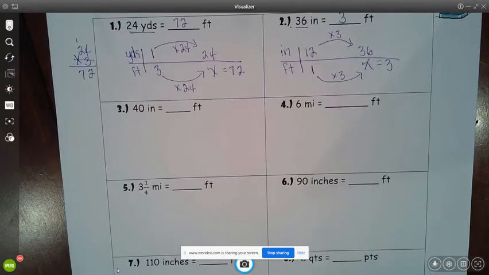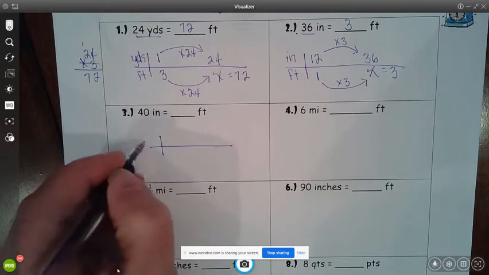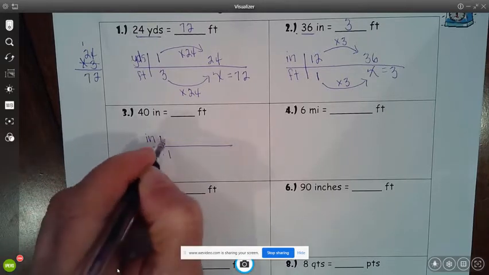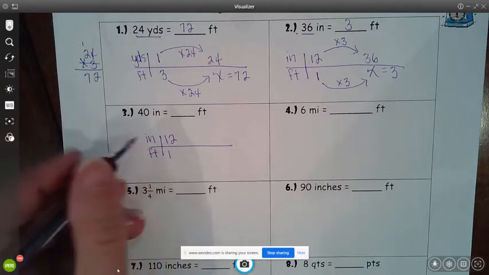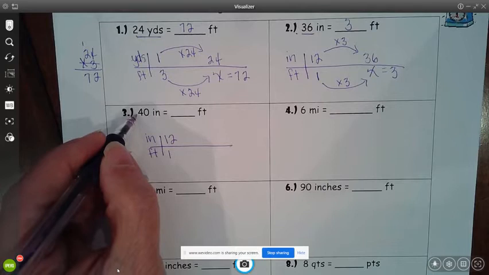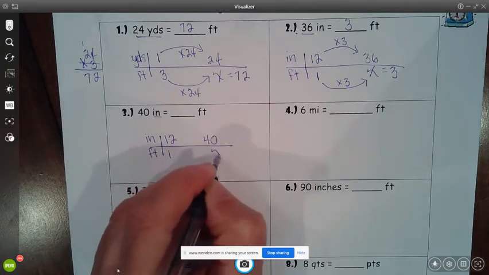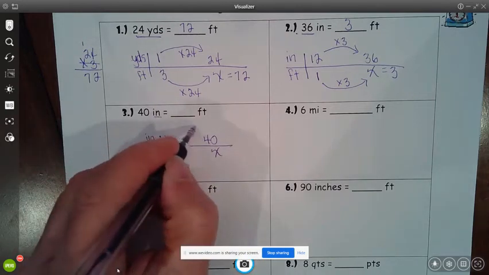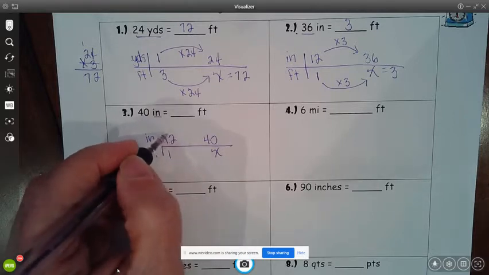Okay, now we've got inches and feet again. And we already know that one. We just did it. 1 foot is 12 inches. And so I'm going to plug in 40 inches here. So looking at this one, I don't know a number that I can multiply to get to 40. I know there's one, it's probably a decimal, but I don't know what it is.